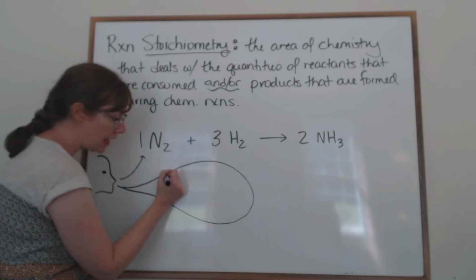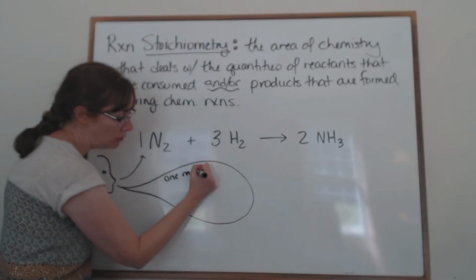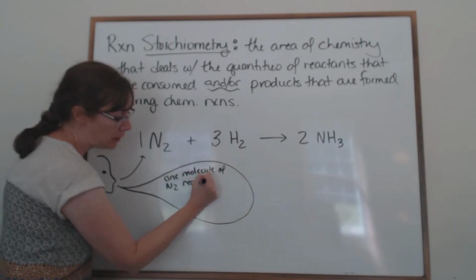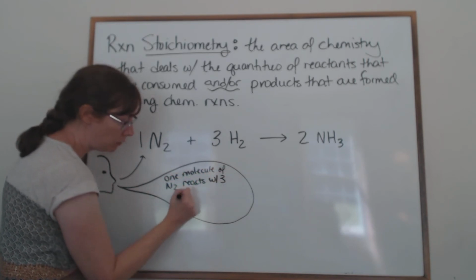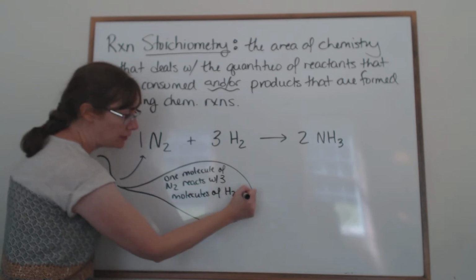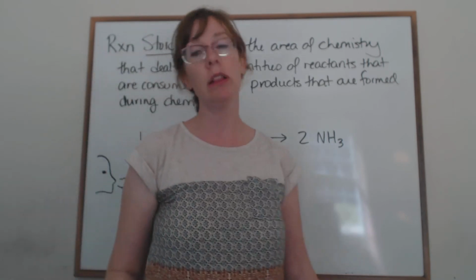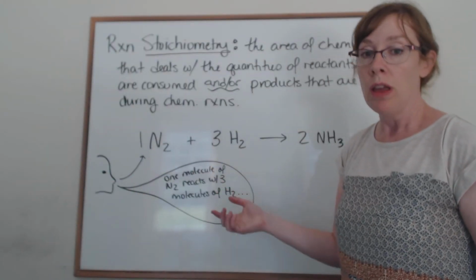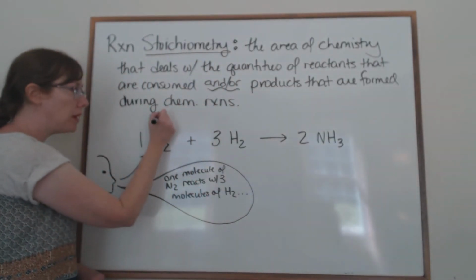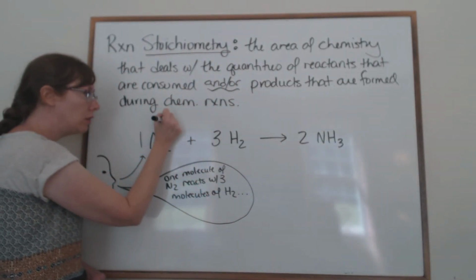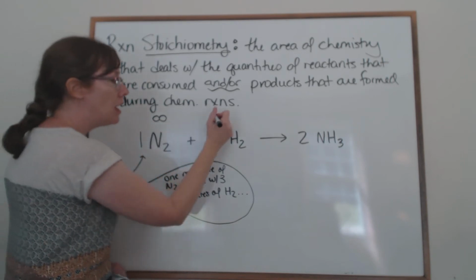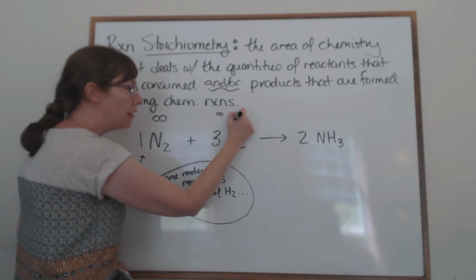One way is to say 1 molecule of N2 reacts with 3 molecules of H2 to produce 2 molecules of ammonia. That's true. On a molecular level, if you had, I'm just going to draw the little molecules, a nitrogen molecule, this is just 2 nitrogen atoms, he would need 3 hydrogens.